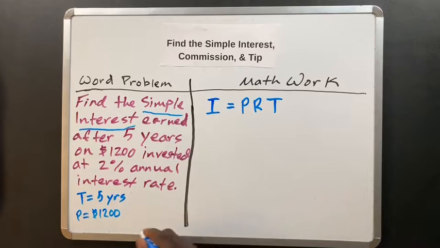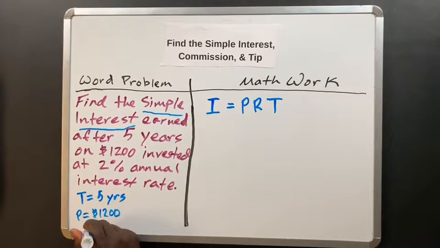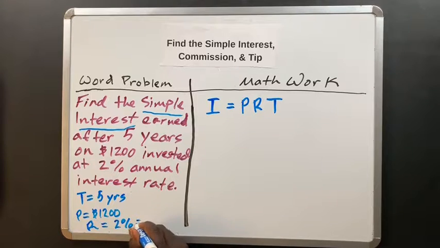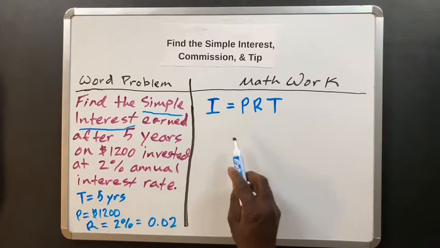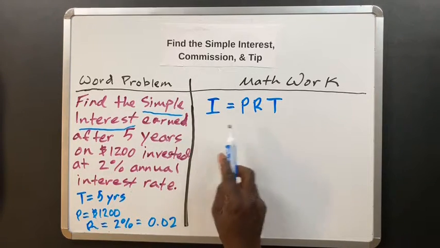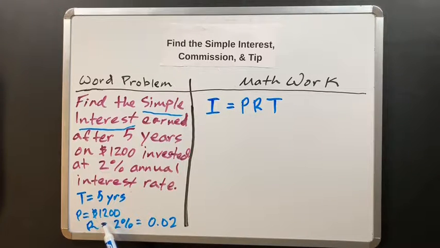So that's R for the rate. Now our rate, it says is 2%, but we want to change that to a decimal, which is 0.02. We just take that decimal and move it over 2 spaces to the left. So I think we have everything we need to calculate the I, the simple interest. We have our principal, we have our rate, the decimal, and the time in years, 5 years.